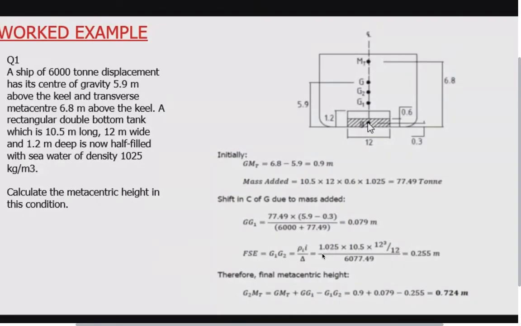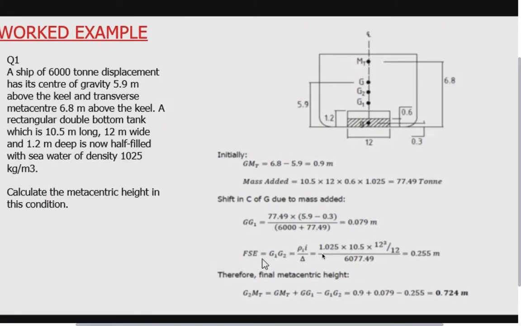So if it is at the middle, we can subtract this center of gravity from the main center of gravity. Then we know that from here to here ought to be our center of gravity. So that is how we are having the 0.3.